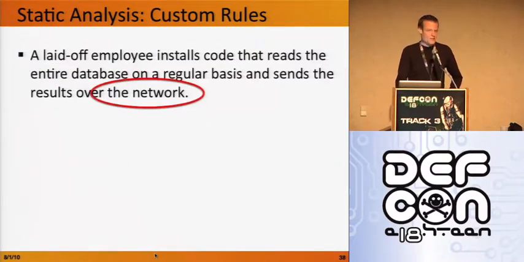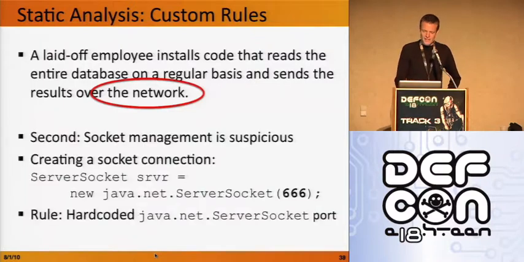Second off, you're reading something from the database, and we'll assume you're in a web app here, because a lot of people looking for these things are in web apps, right? It's your banking site, it's your e-commerce site. These are where insiders tend to target. You're doing manual network connection management. You're opening sockets, particularly sockets with hard-coded ports.